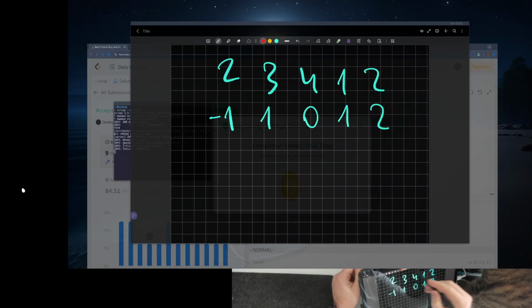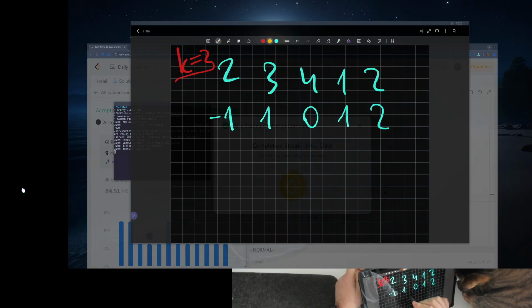And also we are given a number K, which is the sliding window size. We have to pick the best sliding window, or, okay, it's either the best sliding window or no sliding window at all. And this sliding window should give us the best profit.